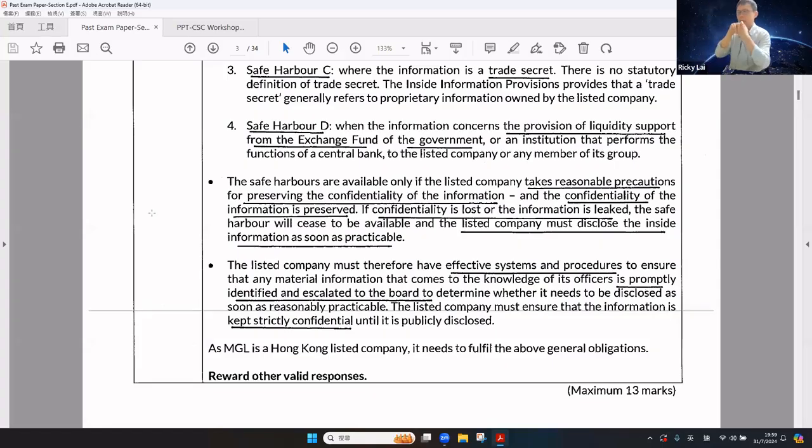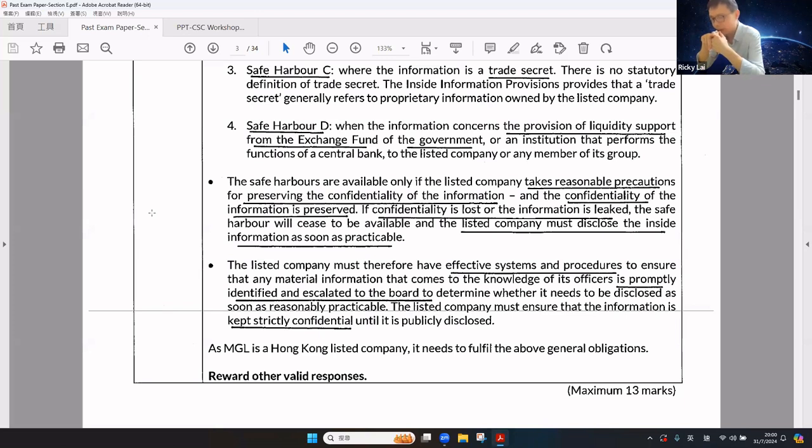Okay, so confidentiality is the golden rule for the listed company on how to protect inside information. And not only the hard copy, the company should also strengthen its IT security system to avoid any hackers, to protect any soft copy of the inside information. Also, anyone who has knowledge of the inside information must refrain from dealing in the company's securities.